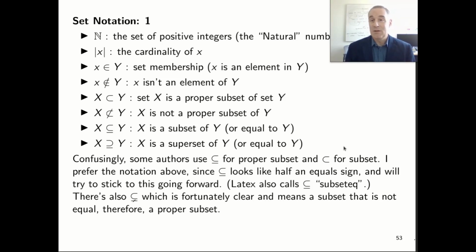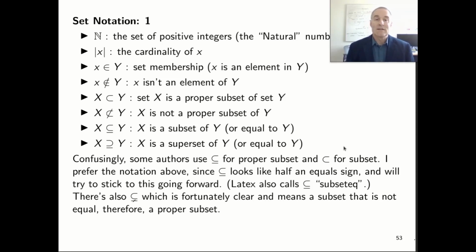We've seen in the MIU problem the vertical bars talking about the cardinality of a set. So the set {2, 3, 4} is a set with 3 elements, therefore the cardinality of that set is 3. We've introduced set membership with this funny E-like looking symbol. So X is an element of Y. We draw a line through it to say X is not an element of Y.